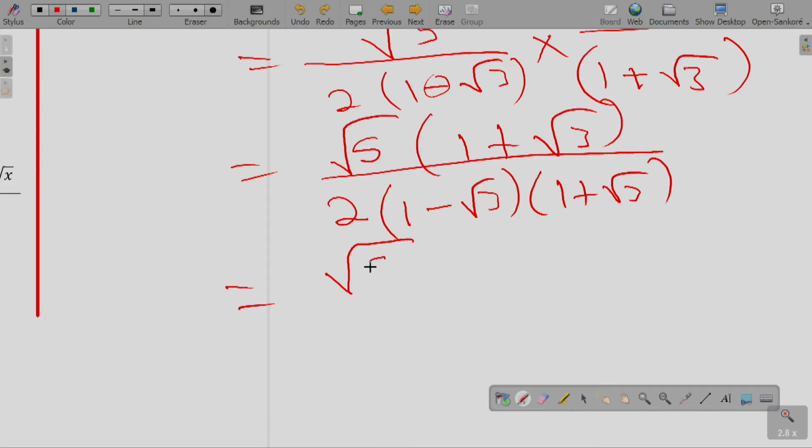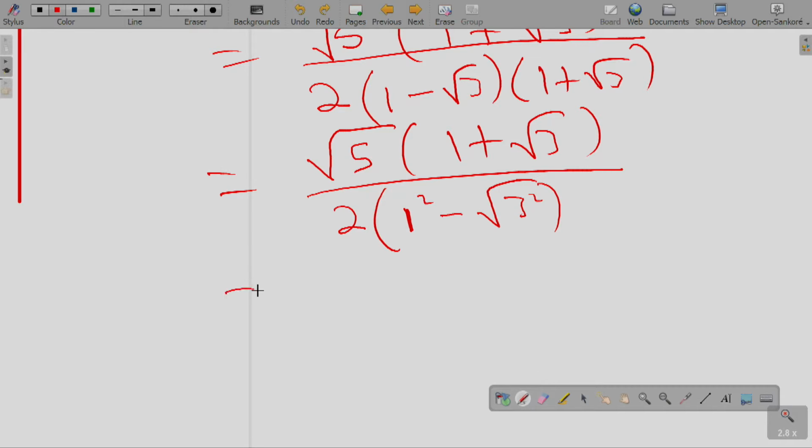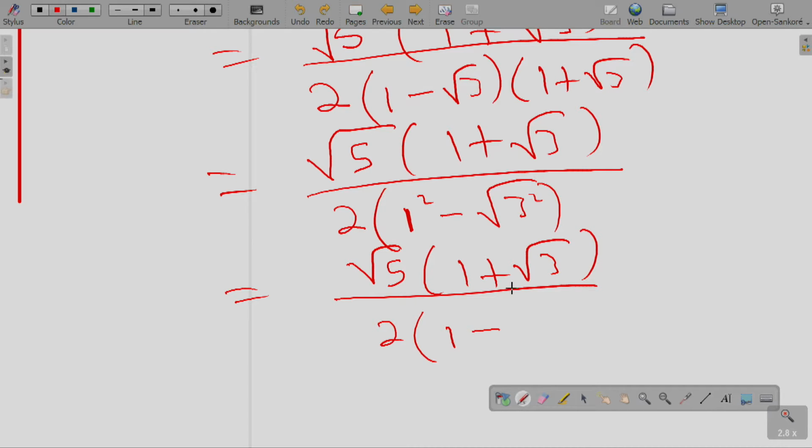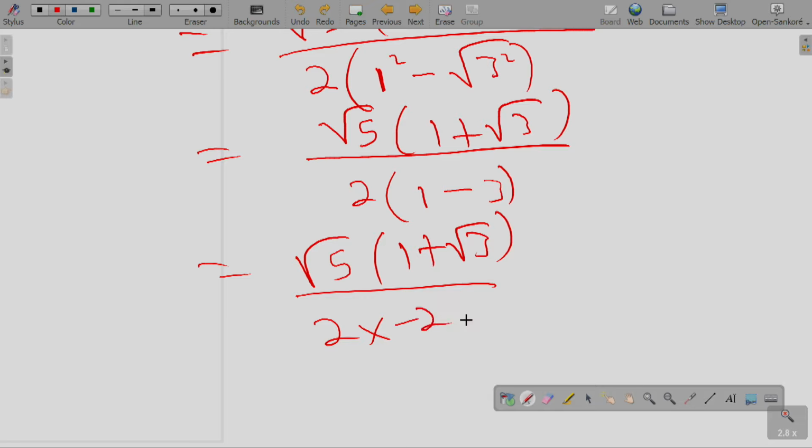This is equal to square root of 5 times 1 plus square root of 3 over 2, and here we get 1 squared minus square root of 3 squared, which is equal to square root of 5 times 1 plus square root of 3 over 2 times 1 minus 3. 1 minus 3 is equal to negative 2.